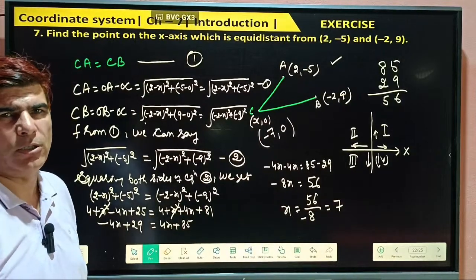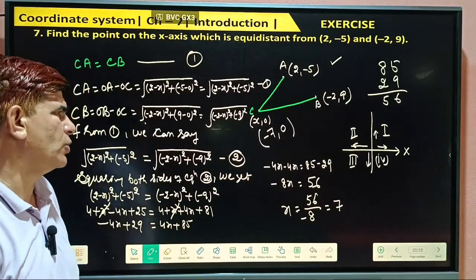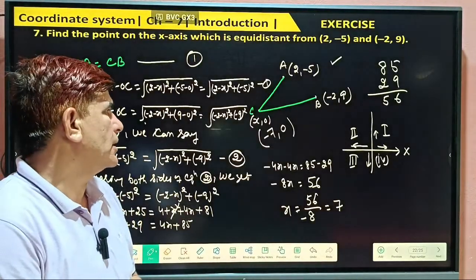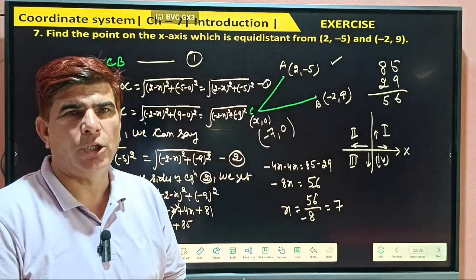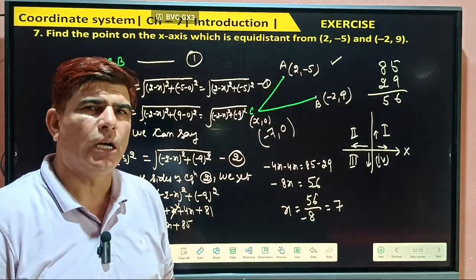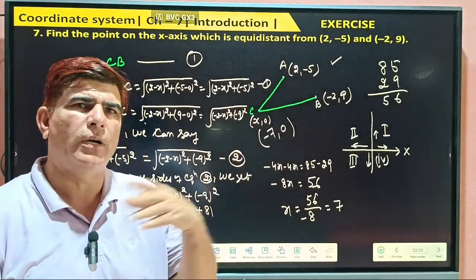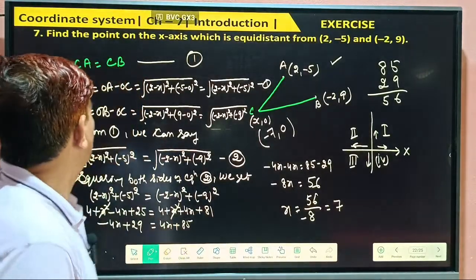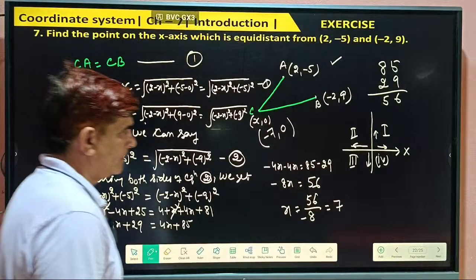But if you understand these 2-3 steps, then you can easily show how to find the coordinates. And this is the distance formula, and you know length is always positive. Either you can find AB or you can find BA, both give the same result. So this was question number 7.